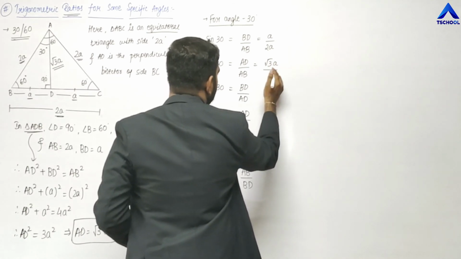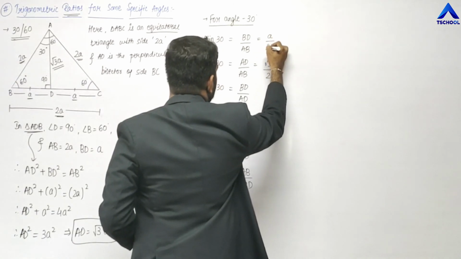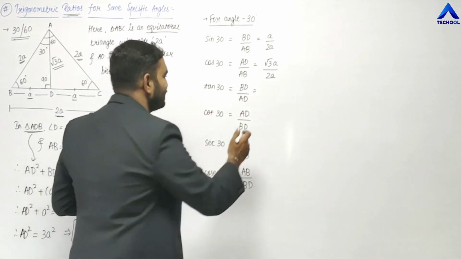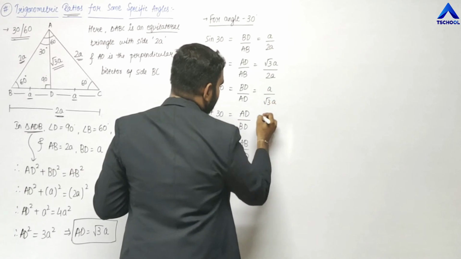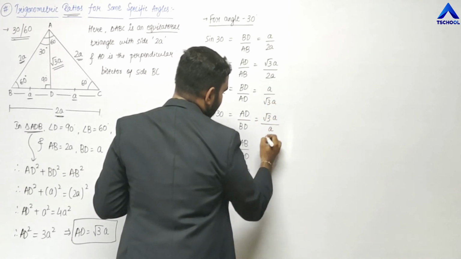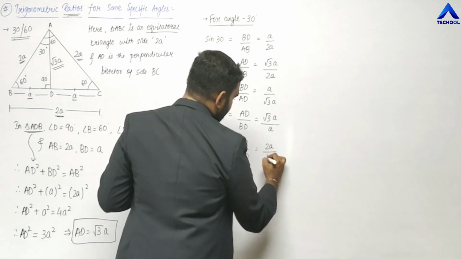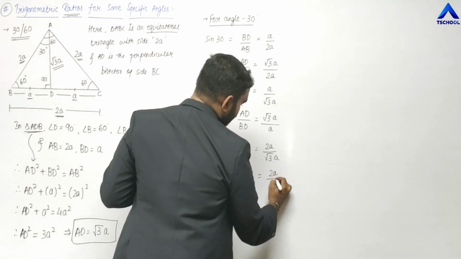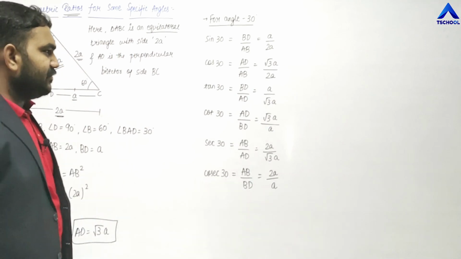For tan, BD upon AD is A upon root 3A. Here it will be root 3A upon A. Here 2A upon root 3A, and here 2A upon A. So we got all of the values here.